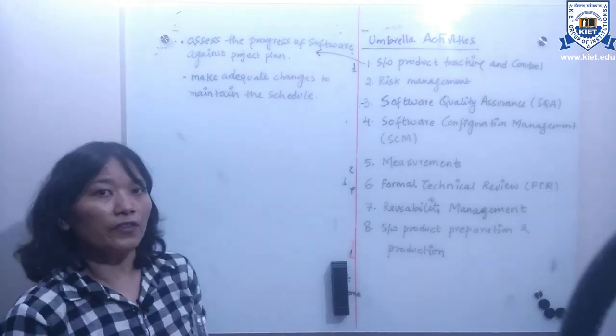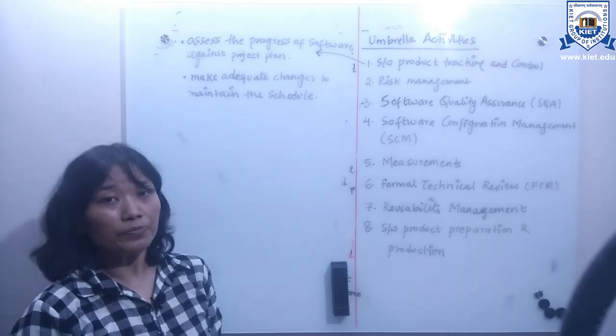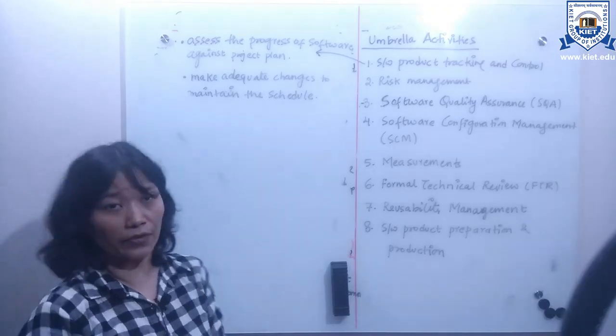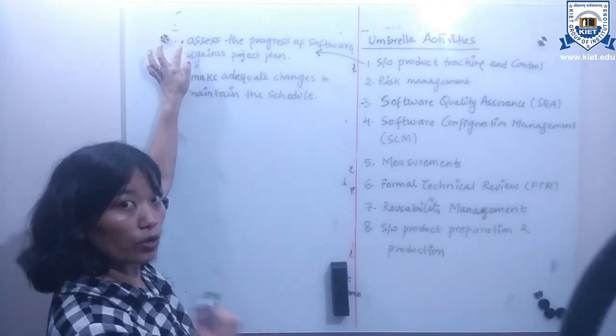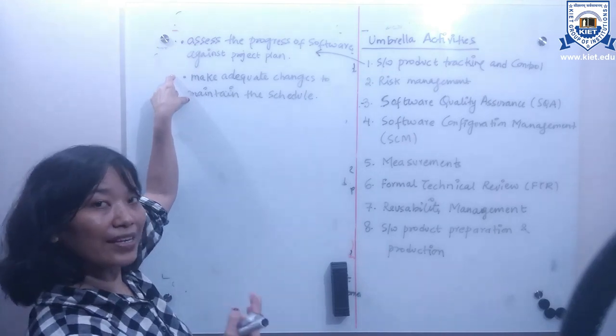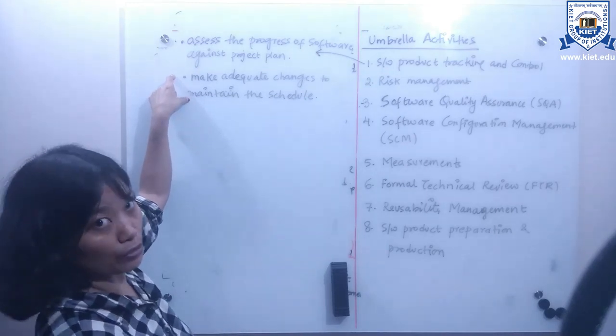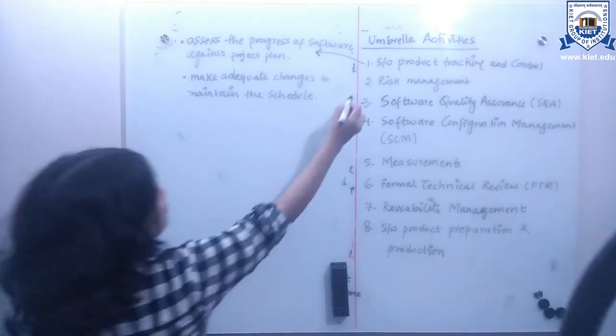So the first activity, software product tracking and control. Basically under this activity, it assesses the software progress against the project plan. Second, it makes adequate changes that can maintain the schedule of the project. The second activity is risk management.